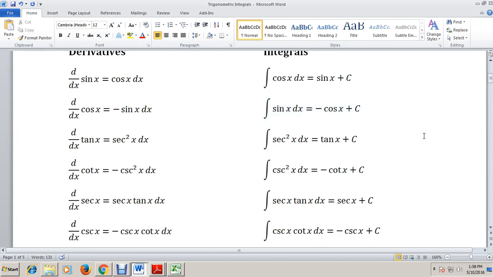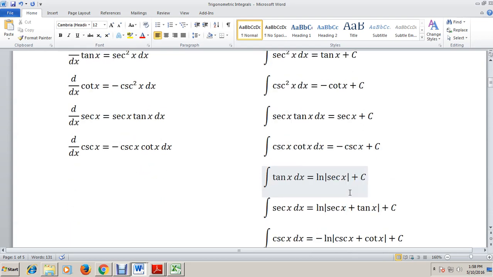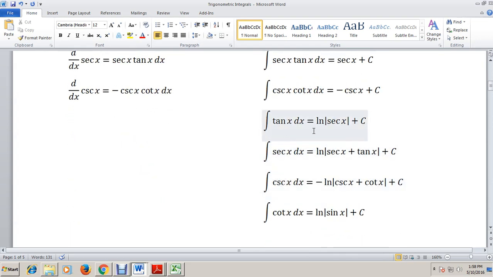Also, we will be including in this list the complete set for the integral of the 6 trigonometric functions. So we have already in the list the integral of cosine and the integral of sine. What is missing here is the other 4 trigonometric functions. So we'll be including in this list the integral of tangent x dx, which gives us equal to ln of secant x plus c.